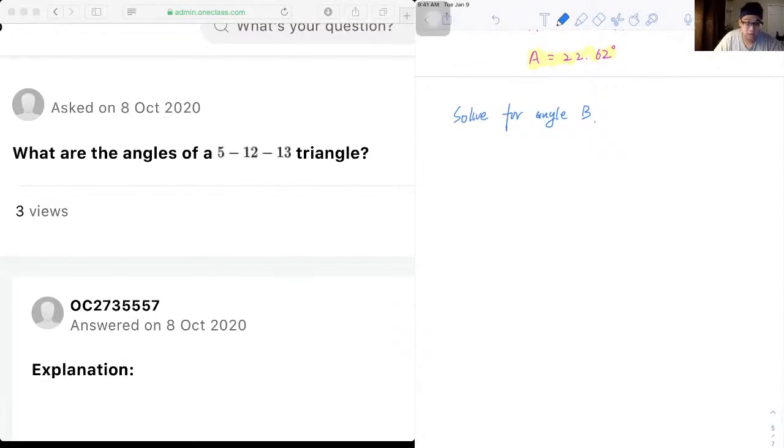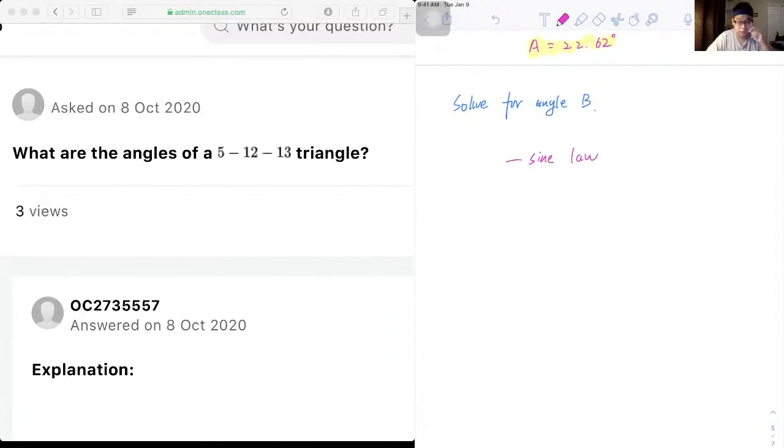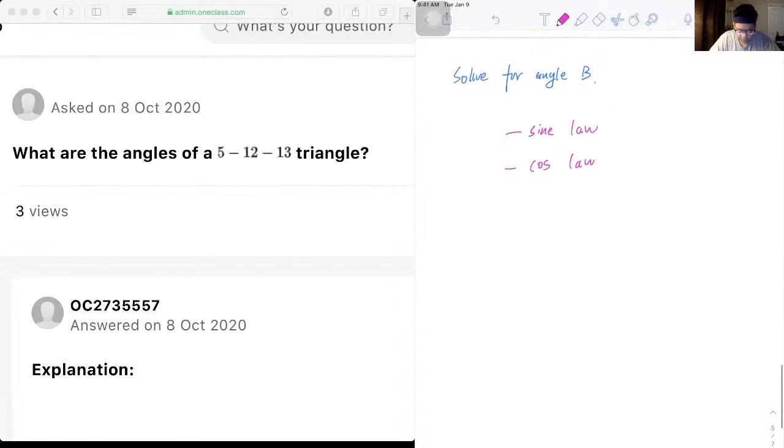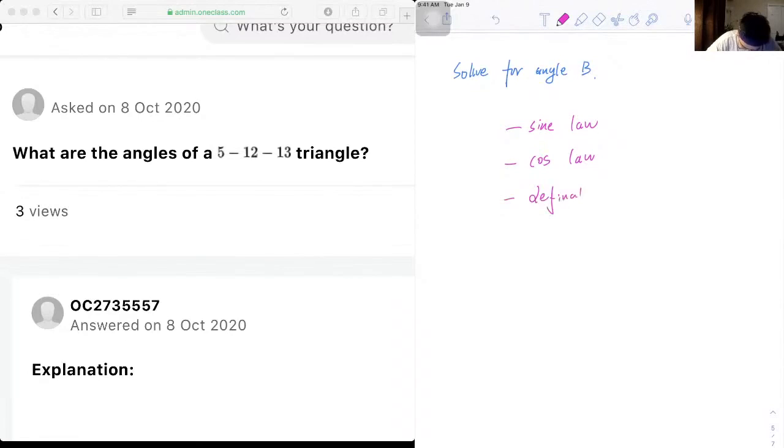You can approach it with the sine law, which is what we used for the angle A part, or you can do it the cosine law way, which we used for solving for angle C, or you can just use the definition of the sum of interior angles for a triangle.